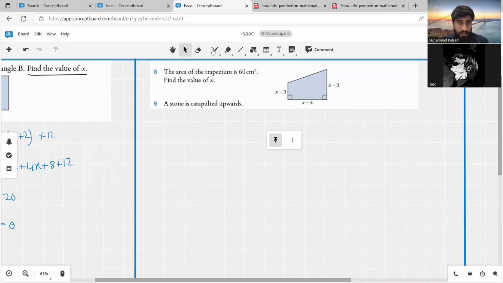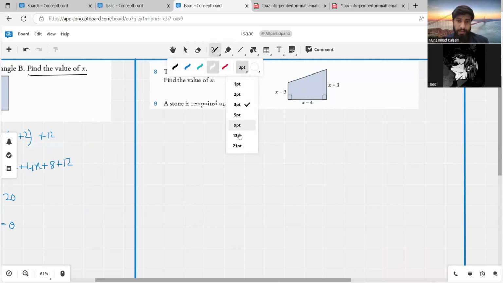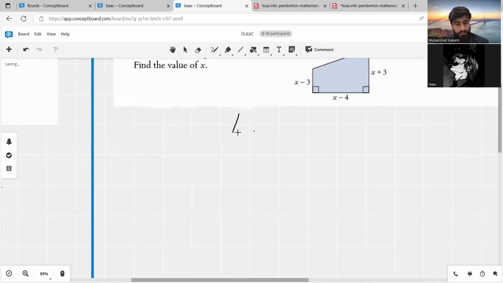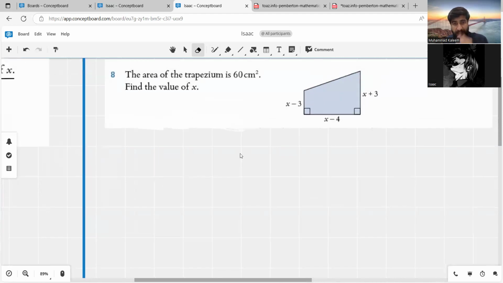Question number 8. Try to solve it. Try to make the equation and let me know what the equation is.